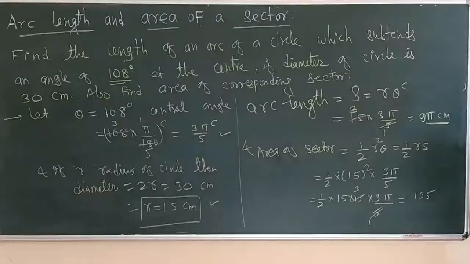Okay, am I correct? Upon 2 pi, area is there, and therefore unit is centimeter square.